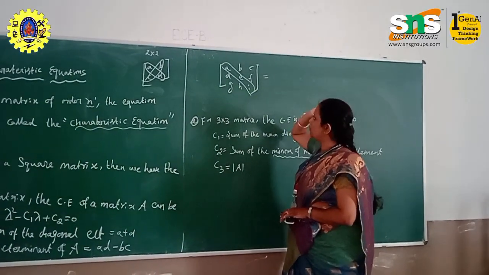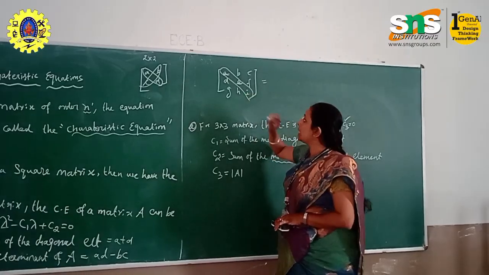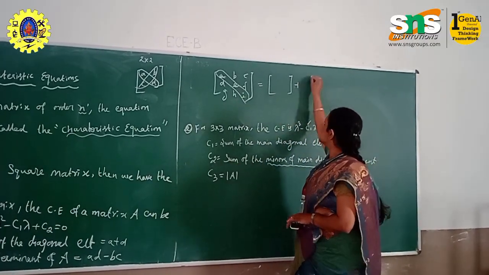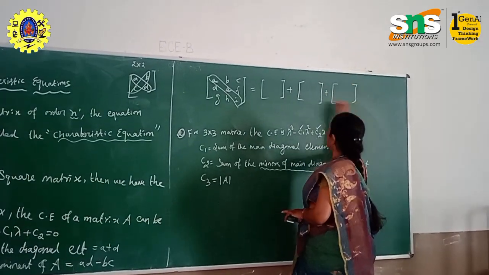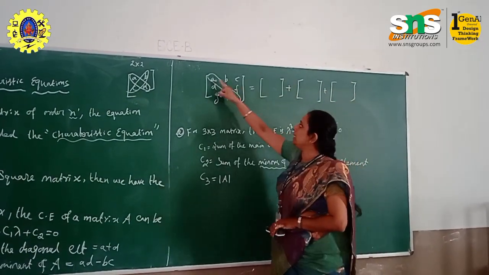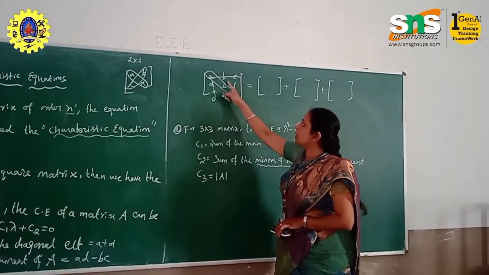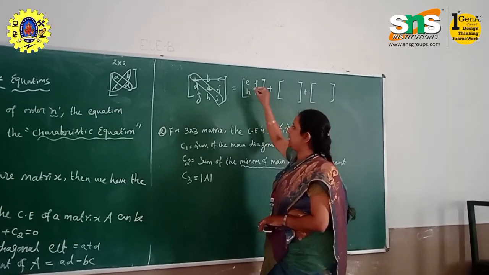Here we leave out A first, that is the first row and first column, and the remaining elements are E, F, H and I.